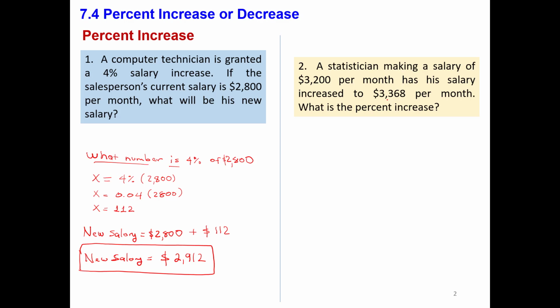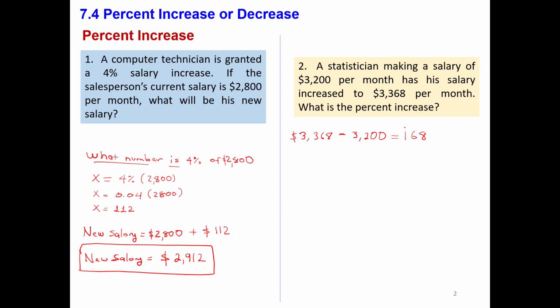So we subtract 3,368 minus 3,200, and we get 168. This is the amount by which the salary increased.